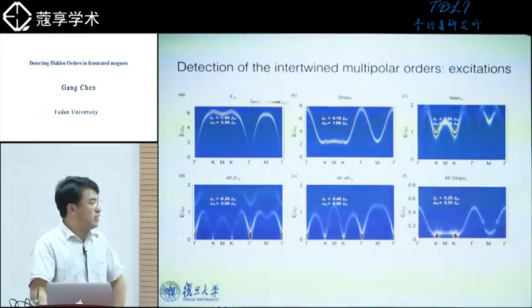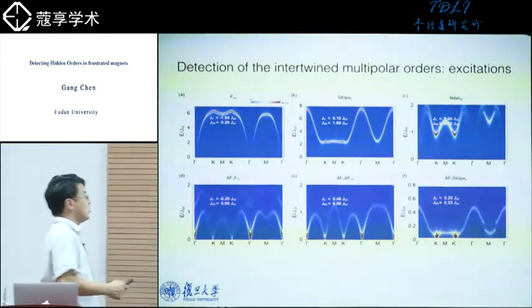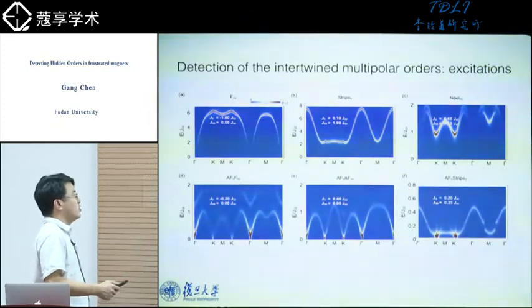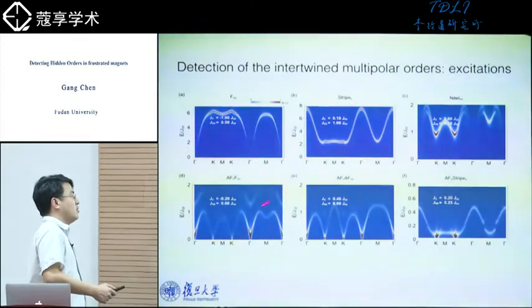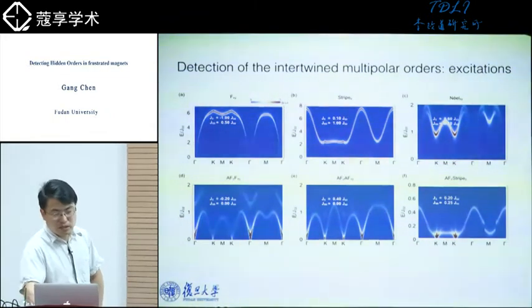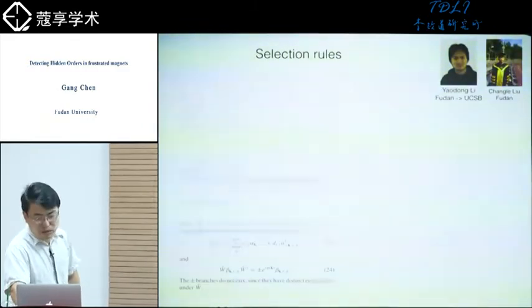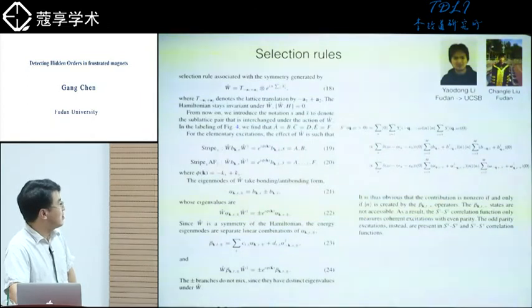So this is the prediction for the structure dynamic property for different phases, obtained by Changzhou and Yaodong. I don't want to get into detail, but there is an interesting selection law that was worked out by these guys.